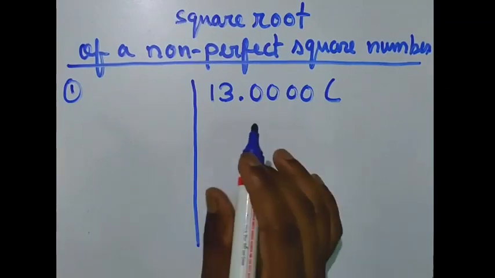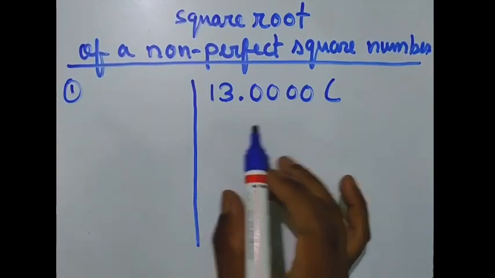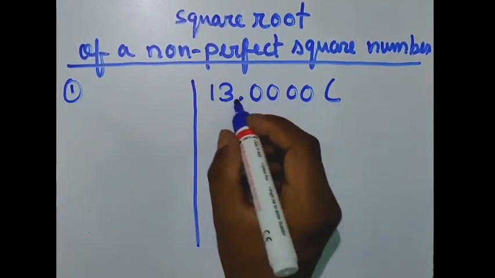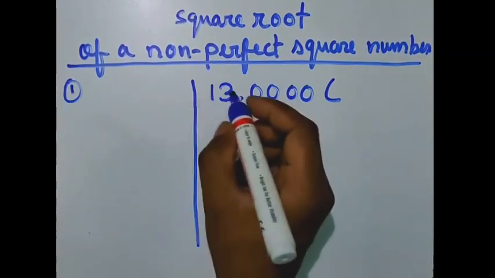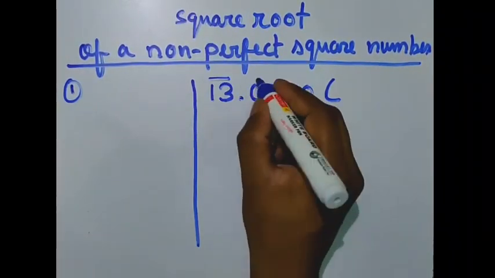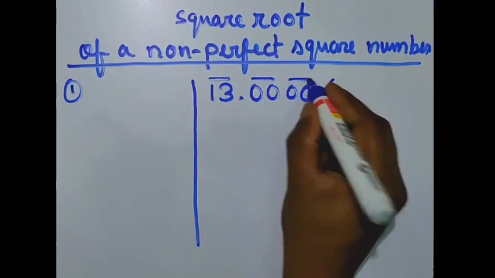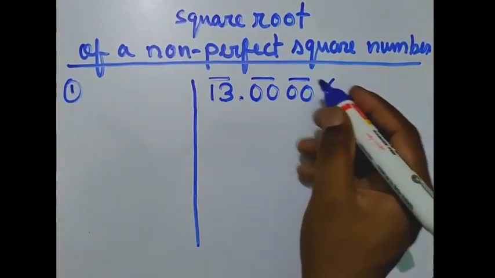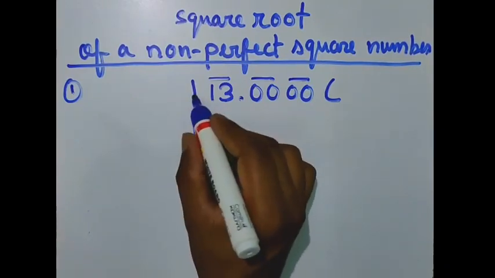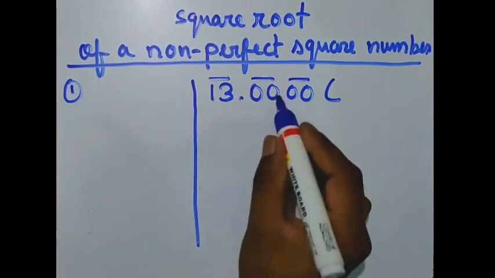In the questions you will be asked how many places you have to round it off to. So here let's start making pairs. The integral part will start from the left and the decimal part will start making pairs, one pair, another pair, and we could go on. Here I am taking 2 decimal places to round it off to 1 decimal place.